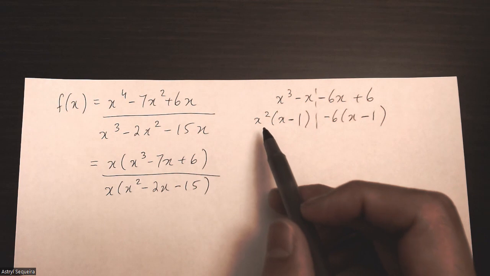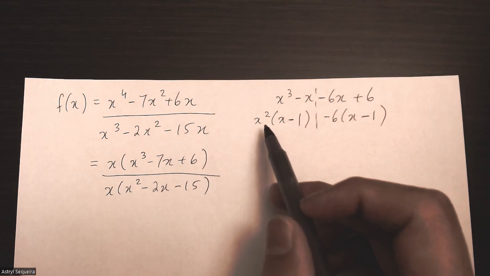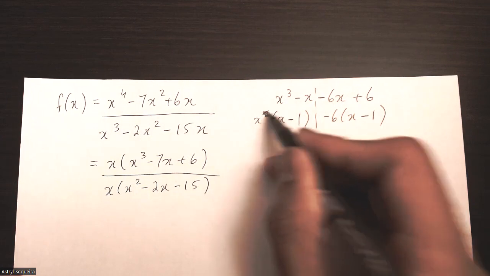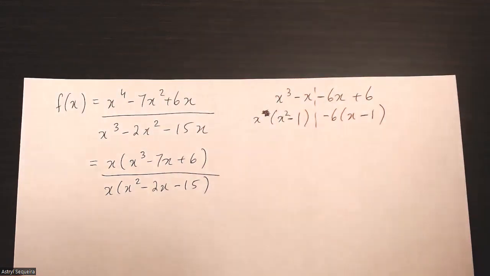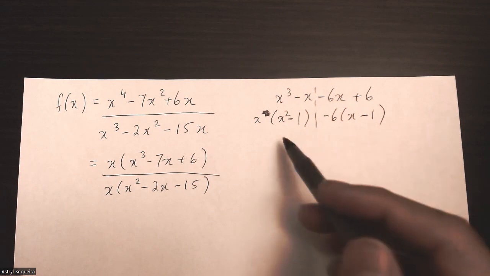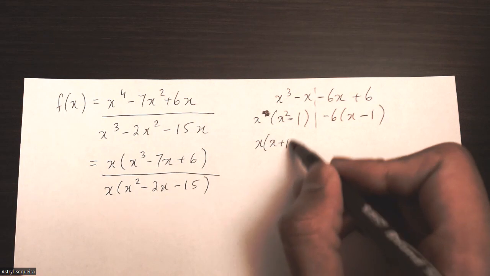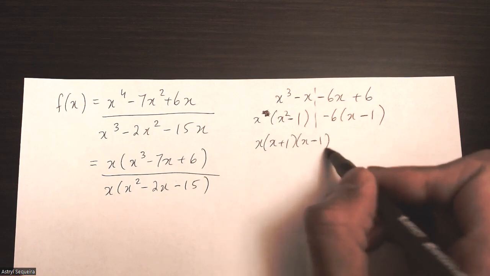So now I can, oops, actually I made a mistake here. I can only factor an x here, not an x squared. I'm left with x squared minus 1. So now I can do a difference of squares over here. I can write this as x plus 1 times x minus 1.